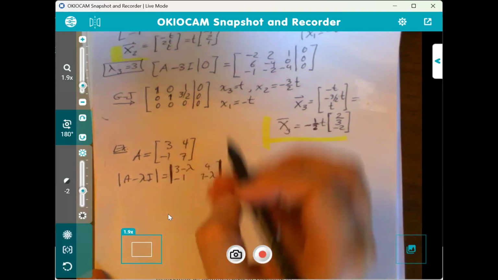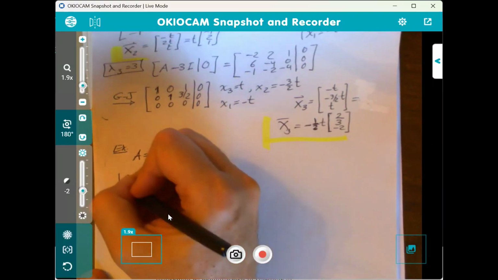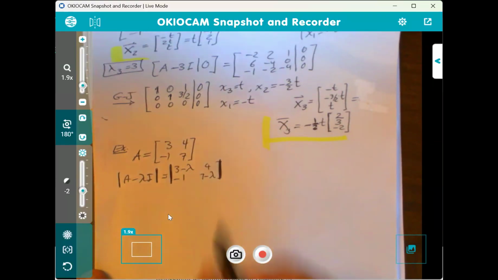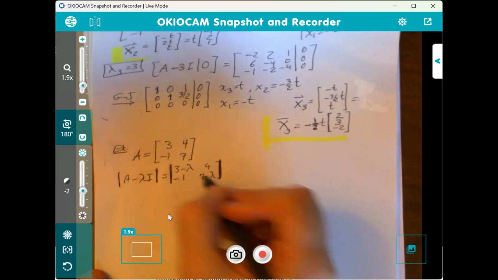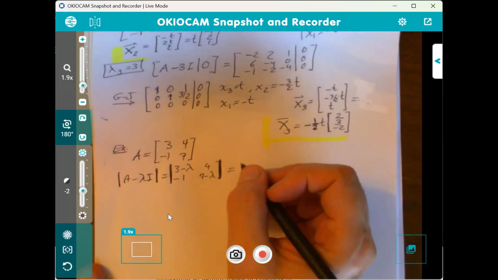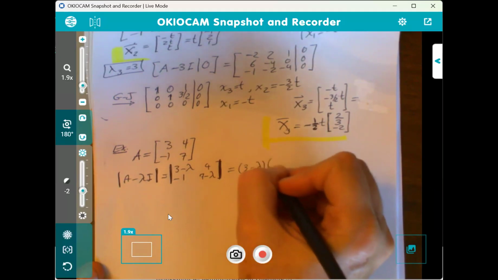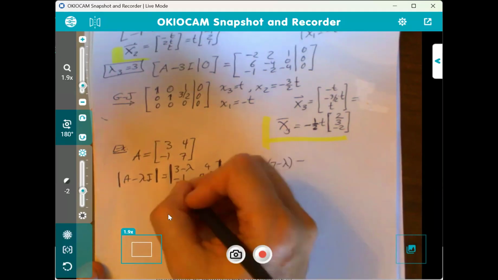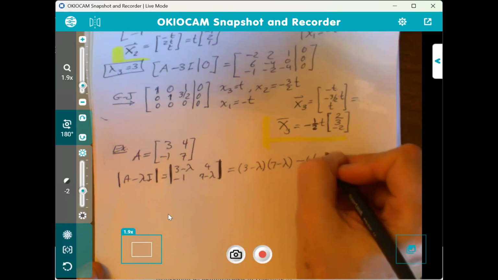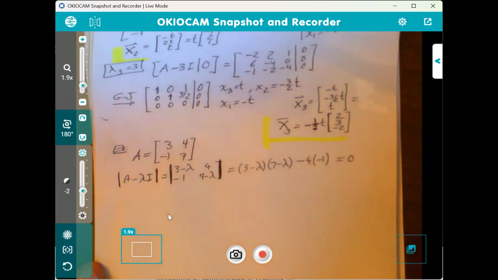This is the determinant, so you do the product of the diagonals minus the product of the off diagonals. So when we multiply this out, we get 3 minus lambda times 7 minus lambda minus 4 times negative 1, and set it equal to 0.